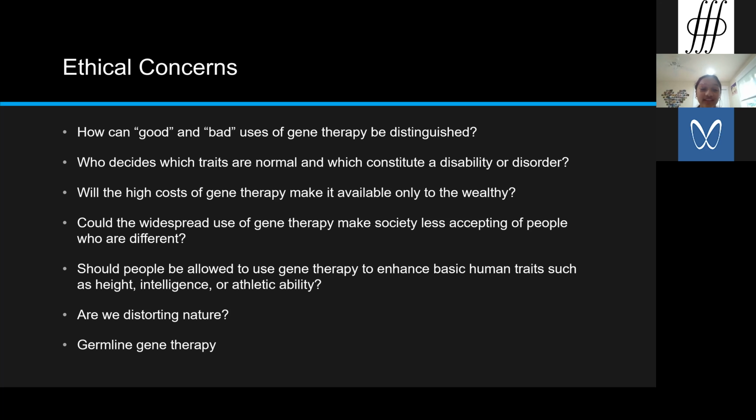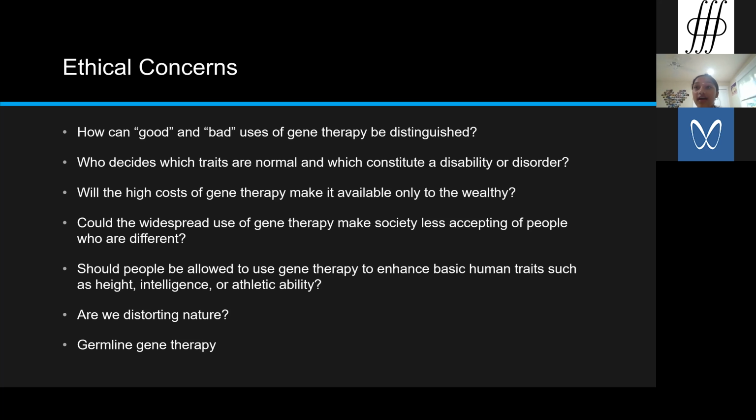And also, finally, germline gene therapy, right? Somatic gene therapy will only affect the individual themselves, while germline gene therapy will affect future generations. And this is a really big topic because people in future generations have no say on whether they would actually want that gene to be changed, right?